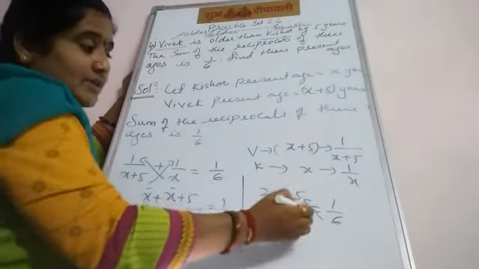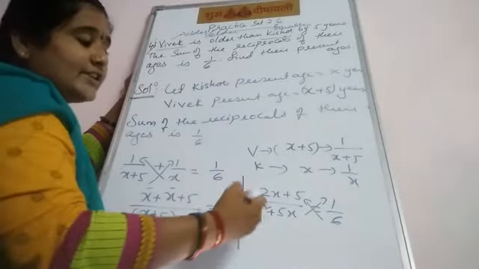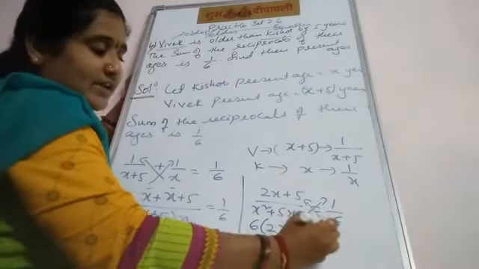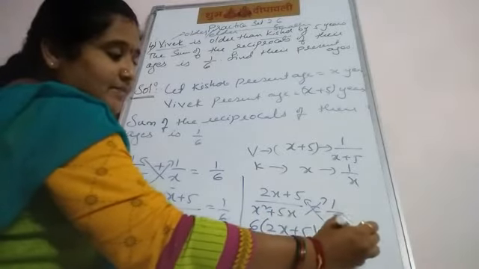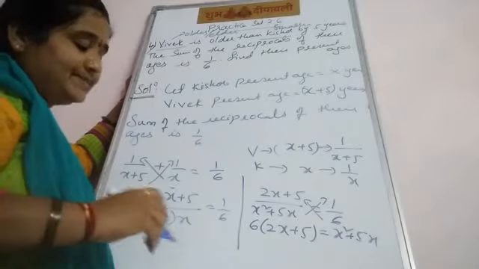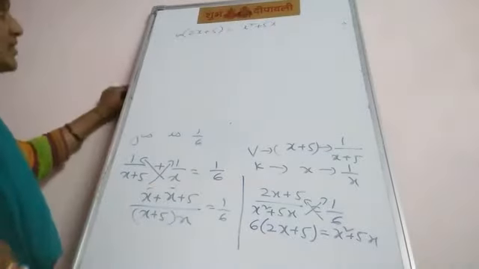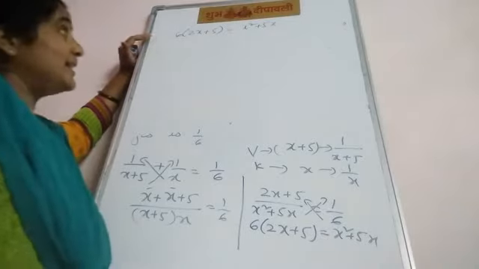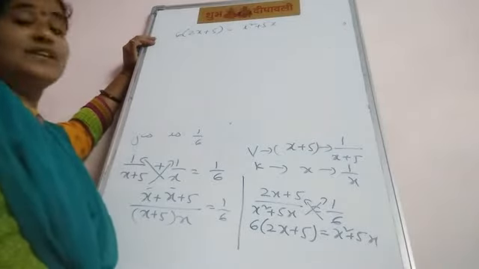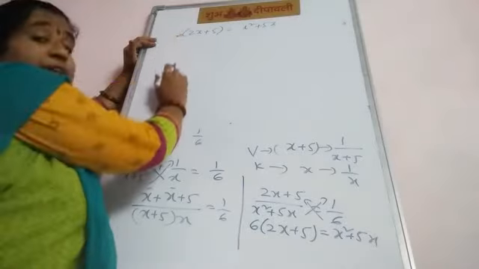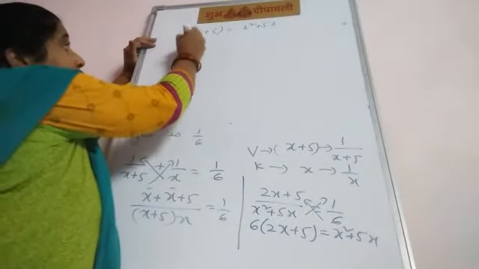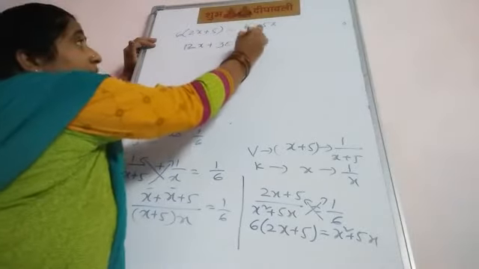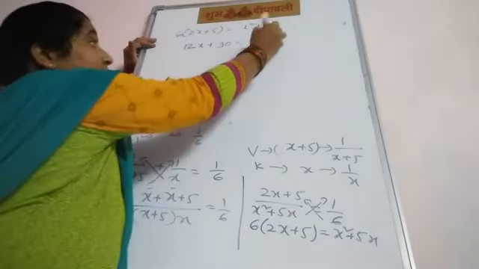Now you cross multiply, you will get the quadratic equation: 6 into 2x plus 5 equal to x square plus 5x. Now multiply with 6: 12x plus 30 equal to x square plus 5x.